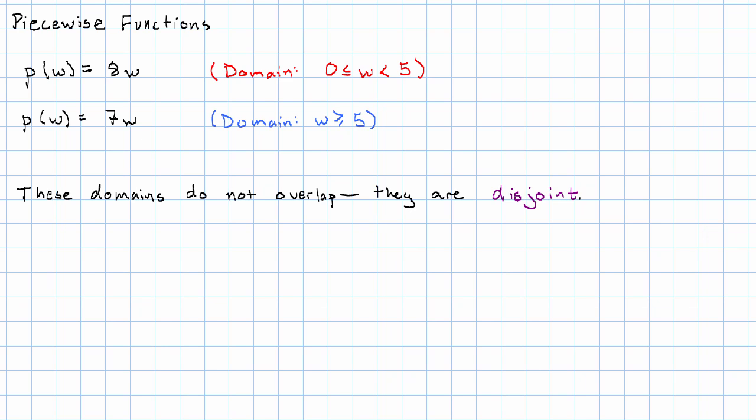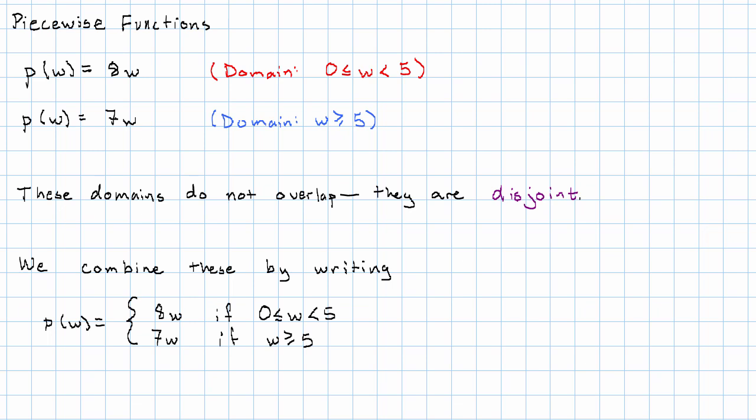This is what the tape looks like. We write p of w once, equals, here we have the same kind of curly bracket that we use when we write, for example, a system of equations.